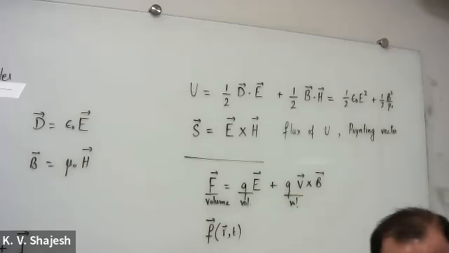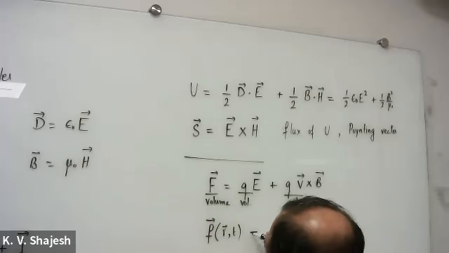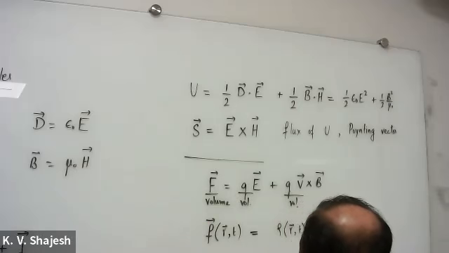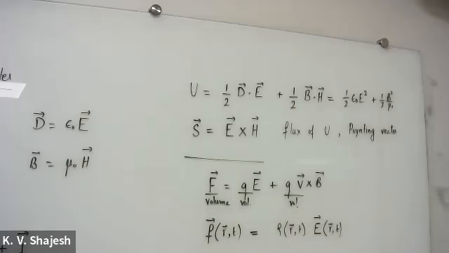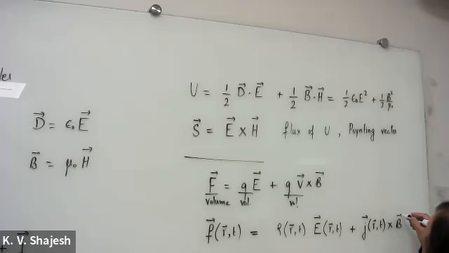The understanding is that there is some distribution of charges in a region, and this is the force per unit volume. So that's equal to charge density times the electric field plus current density crossed with the magnetic field.